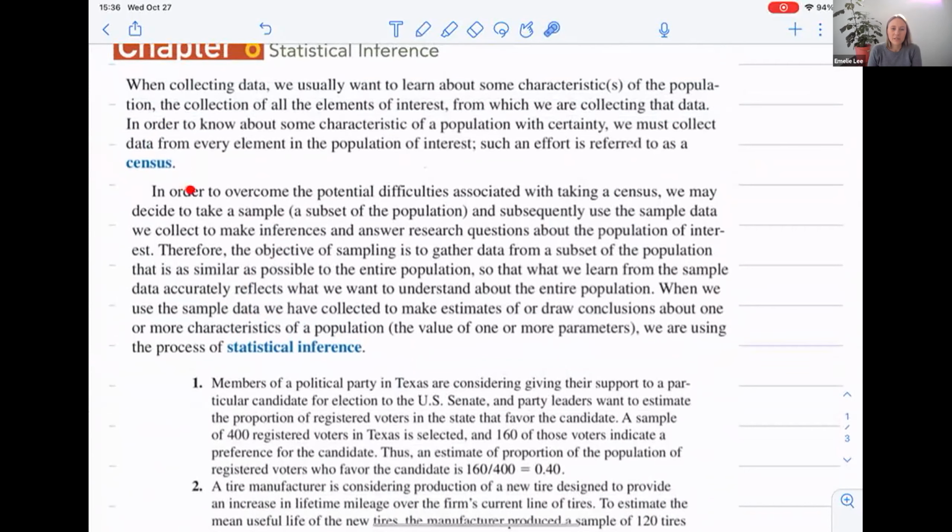Taking a census is usually almost impossible, but even if it is possible, like if we're restricted to all Canadians, that's still really hard to do, right? So you can see how we don't want to collect the entire population every time we want to learn something new.